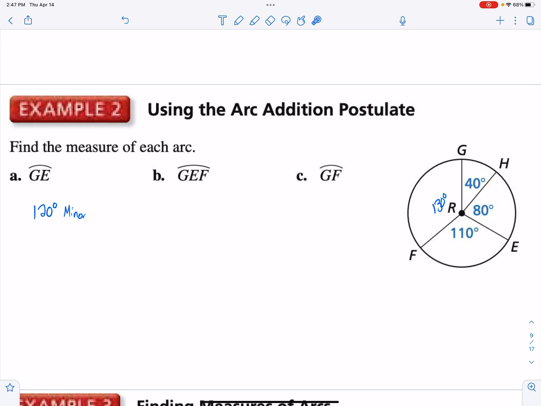So I have 120 plus 110, and I get 230. So 230, that would be a major arc. And then the last one from G to F, we have it solved out there for us, is 130. And again, that's a minor. Okay, so we just add those up.